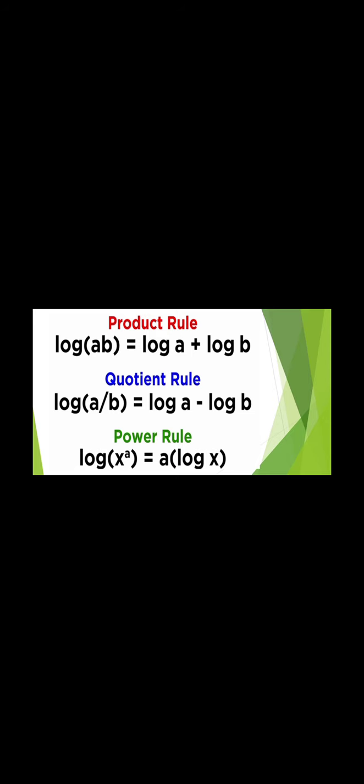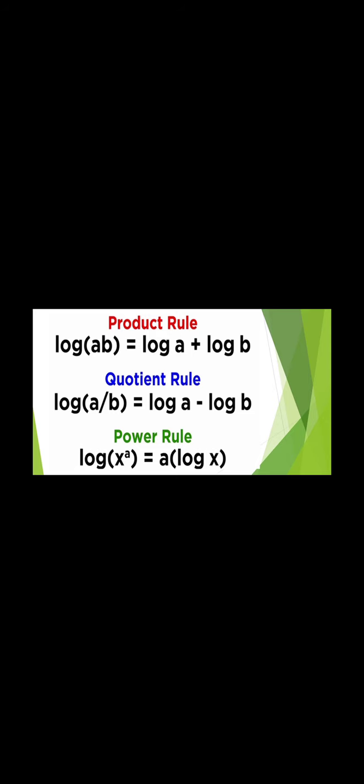When this exponent is on the x term, it means that we are taking the log of x squared, and it is in this case that we can pull the 2 over to the front and get 2 log x. So these are the 3 ways that we can expand logarithmic expressions. They are the product rule, the quotient rule, and the power rule.